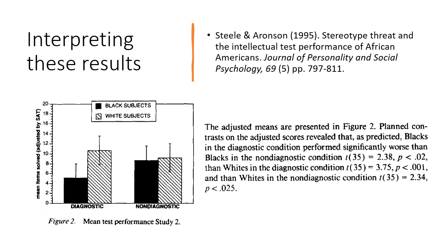These black students in that threat condition, where that stereotype was activated and created an anxiety-producing situation for them. And you can see that they did worse than this non-diagnostic condition, the non-threat condition for black individuals. And white individuals, that threat didn't influence them, because there's not a stereotype like that.